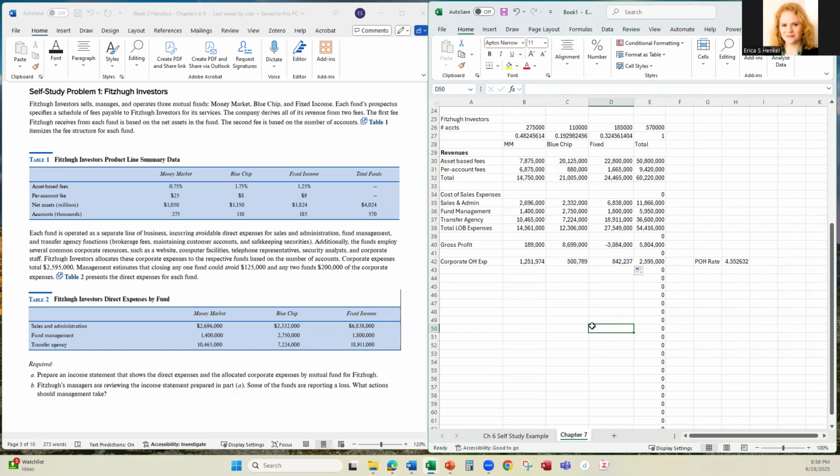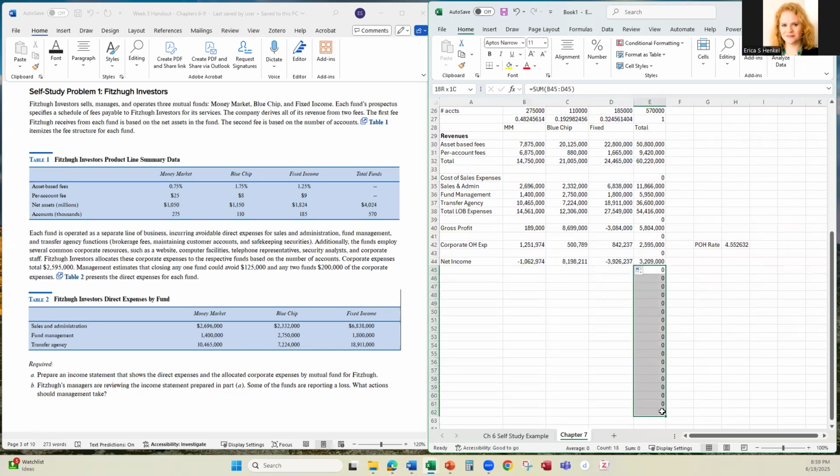All right. Well, we'll just leave this as it is then. So then this gets us to net income here of, wow, lots and lots of income on the blue chips and losing money on the other two. Interesting set of financials there.